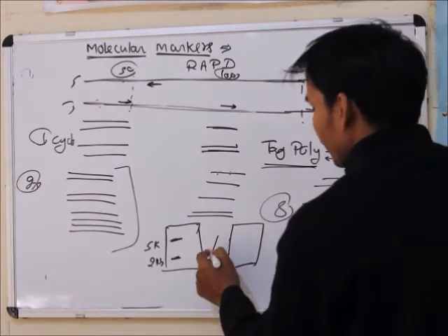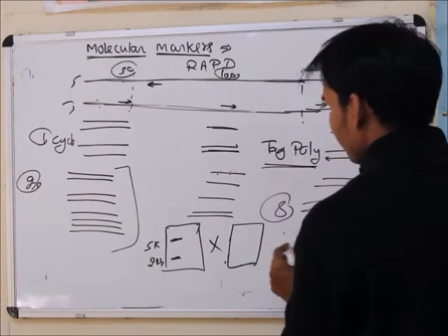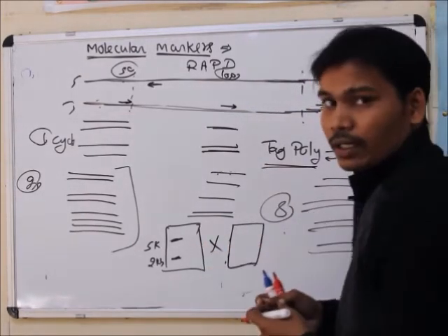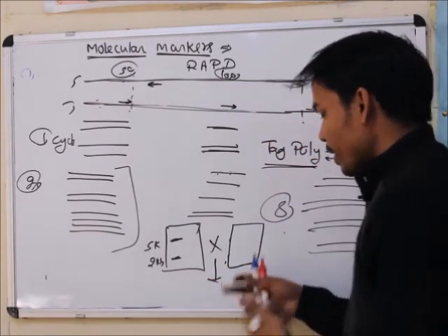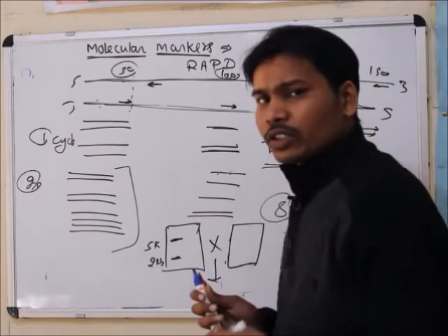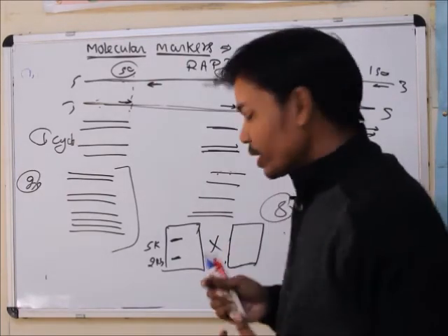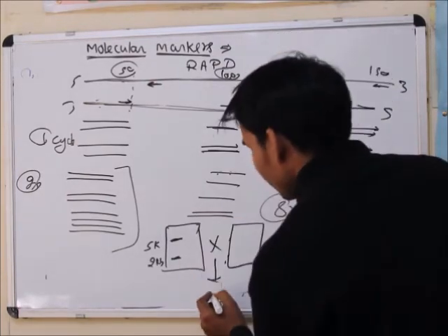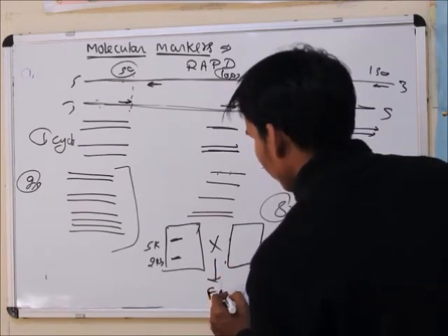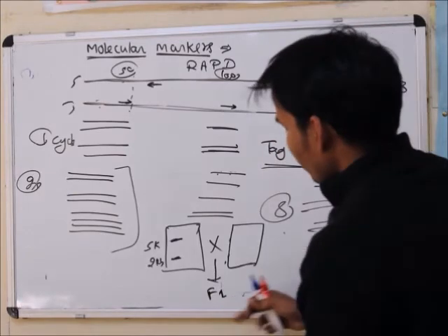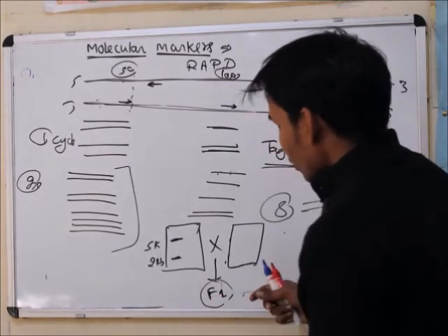But after crossing, suppose this is the female and this is the male, a new progeny will form. The genomic sequence is isolated from that individual, the F1, the individual after crossing.